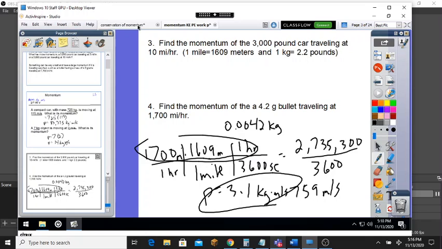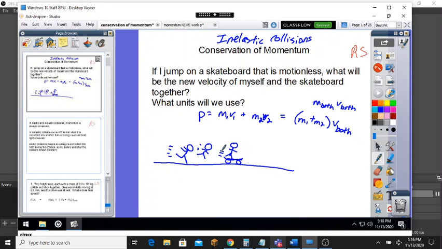Okay, now we're going to jump to conservation of momentum. So this is on the right side. Here, the conservation of momentum is, let's say you're running.